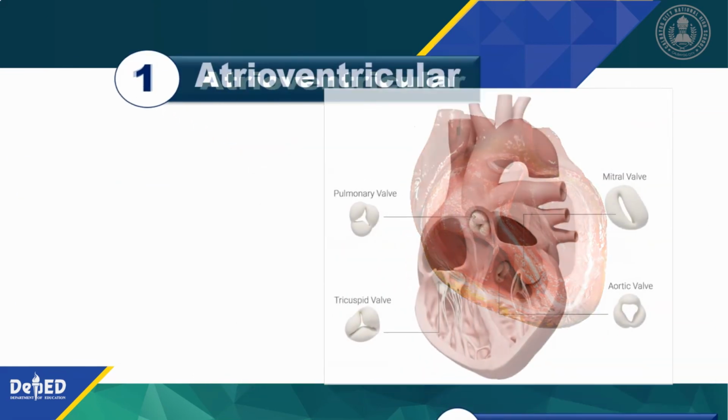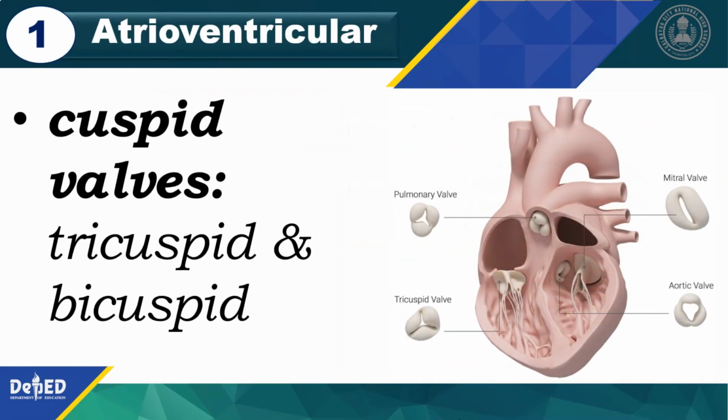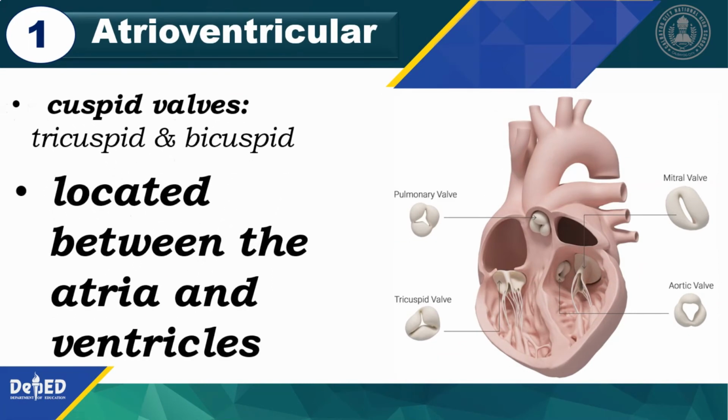The atrioventricular valves, also known as cuspid valves, are located between the atria and ventricles. The right atrioventricular valve is a tricuspid valve, while the left atrioventricular valve is a bicuspid or mitral valve.